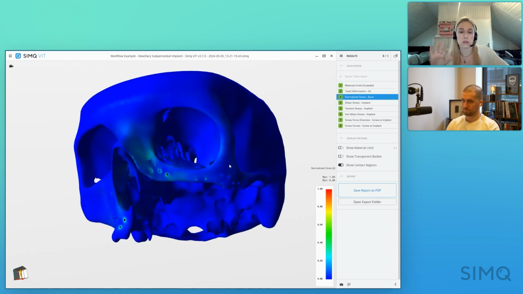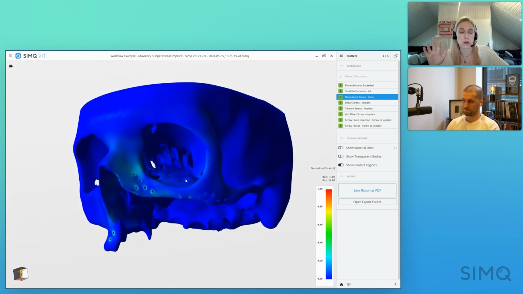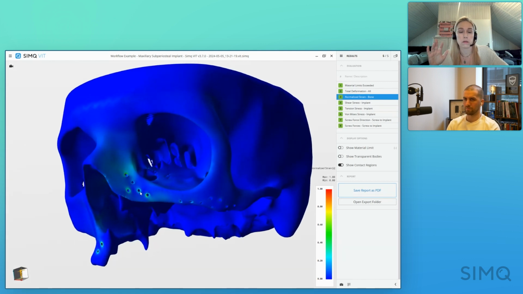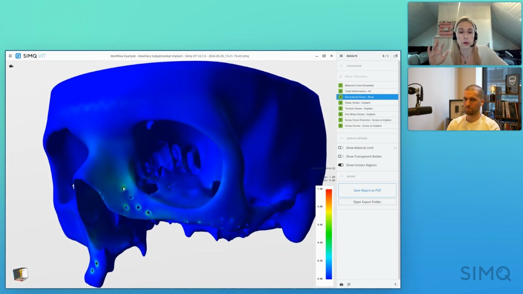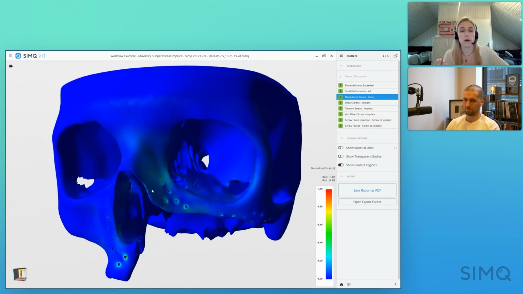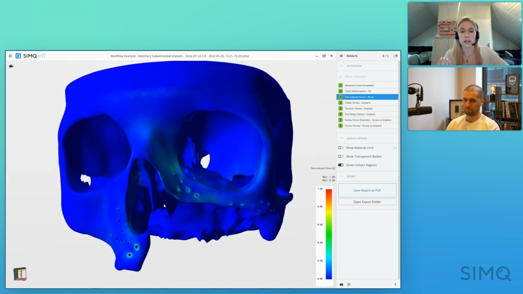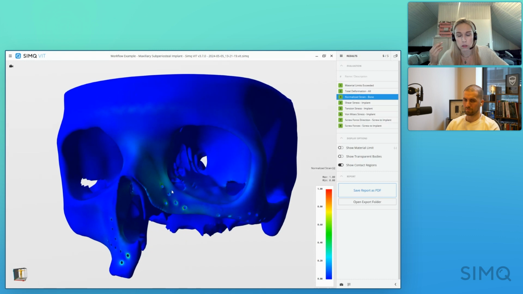Here we also have the normalized strain of the bone, so you can see the strain that's put on the bone around the screw holes. When the person chews a normal bite, you can see that the bone is not taking an excessive amount of force.